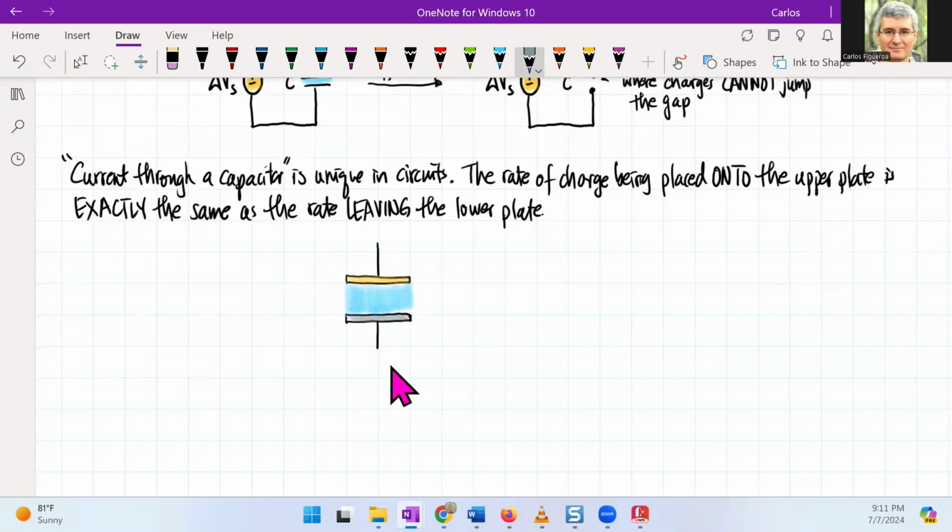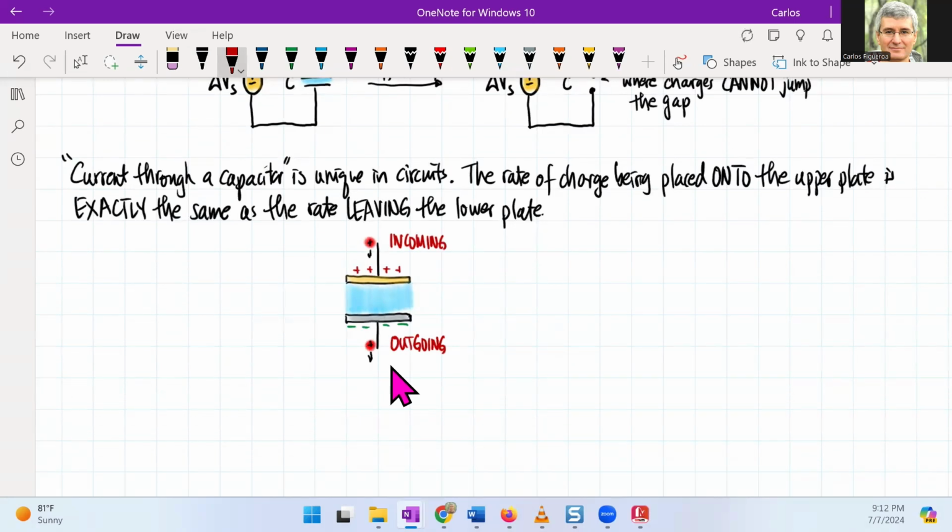I have a positive charge being distributed, so charges are coming in, and it's positive. We have an incoming charge, but at the moment that charge lands, there's another charge simultaneously leaving the bottom plate. So we have this outgoing versus this incoming.